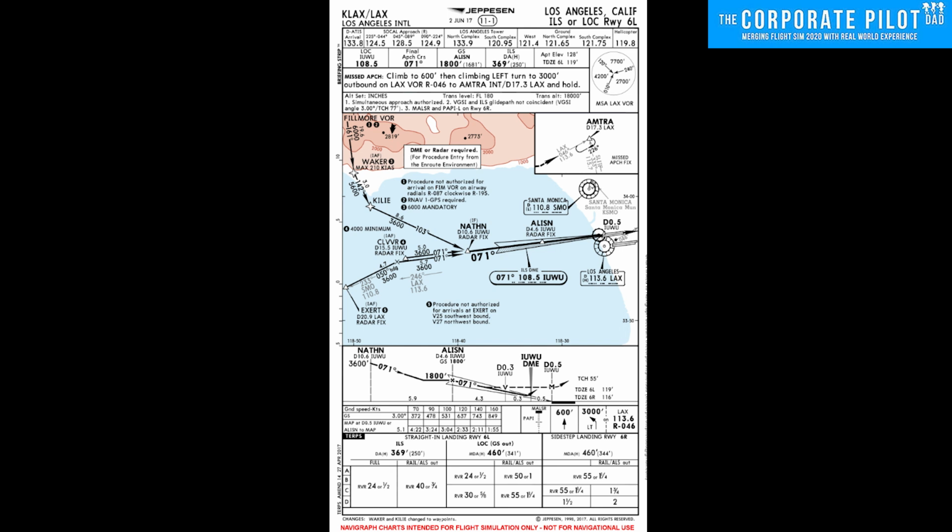Where that first level off is going to be, you're going to want to put that altitude in the altitude selector. So in this case, it says climb to 600 feet, then climbing left turn to 3,000. You're going to put 3,000 in the altitude selector. You're not going to put 600 and then make the turn and then put 3,000 in. Just put in 3,000. When you hit 600, do the next thing.